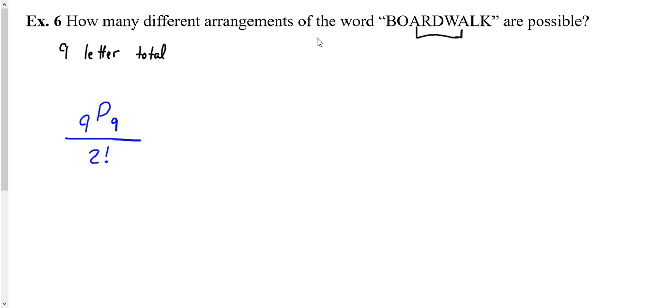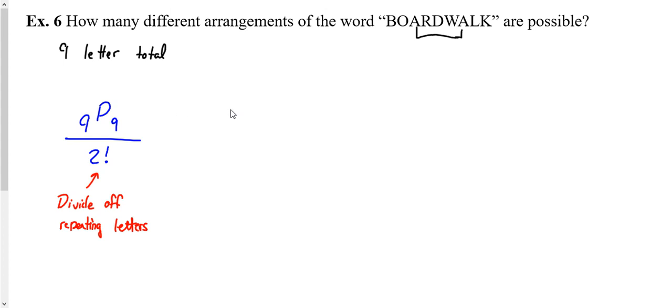And this divide off 2 factorial, this here is a quick note. This is because of your repeating letters. So divide off repeating letters. Why 2? Because we had 2 A's there.